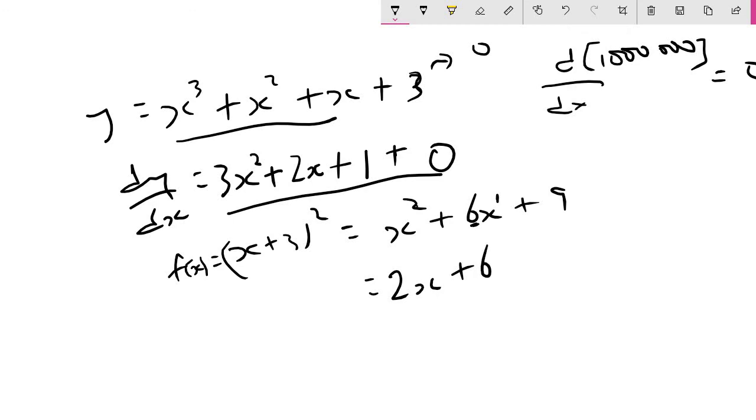So 6 remains there, and this minus 1 is 0, so 1. So that's just the same. And this is a constant, so plus 0. So this is equal to 2x plus 6. And if you remember, that was our answer. So this means our derivative from first principle was correct.